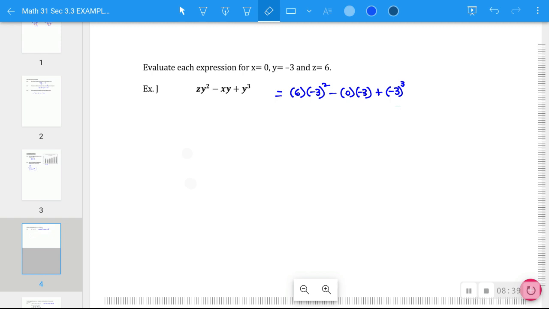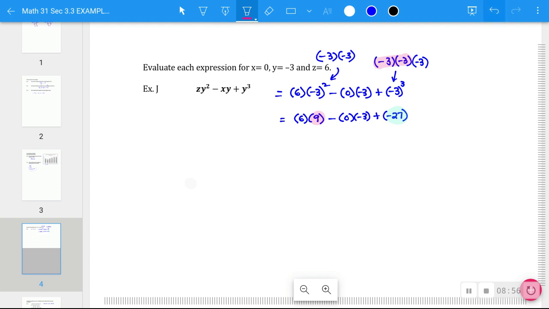And order of operations says you pay attention to exponents next. So I did those exponents. You can see negative 3 times negative 3 gives 9. And then negative 3 times negative 3 times negative 3 ends up being, if you think of it this way, 9 we just did times negative 3 gives negative 27. Okay, then from there, you do the multiplication before the adding and subtracting.